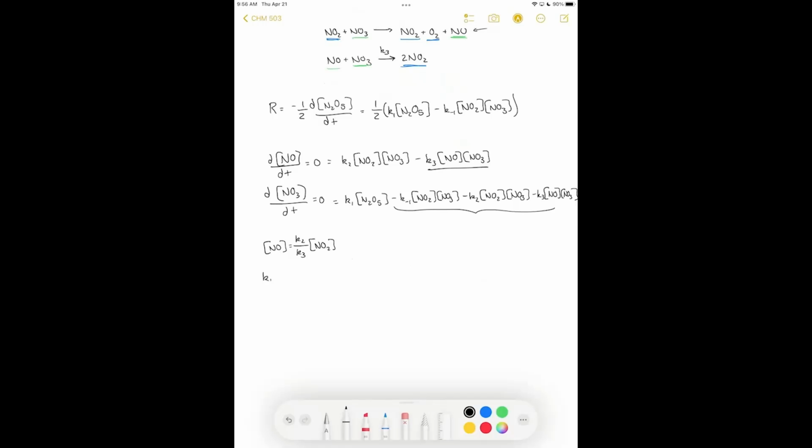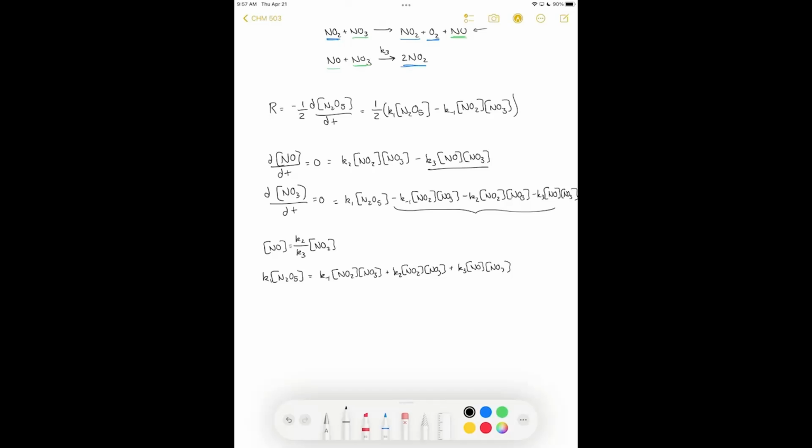So this will give us K1 N2O5 is equal to K minus 1 NO2 times NO3 plus K2 times NO2 times NO3 plus K3 times NO times NO3.